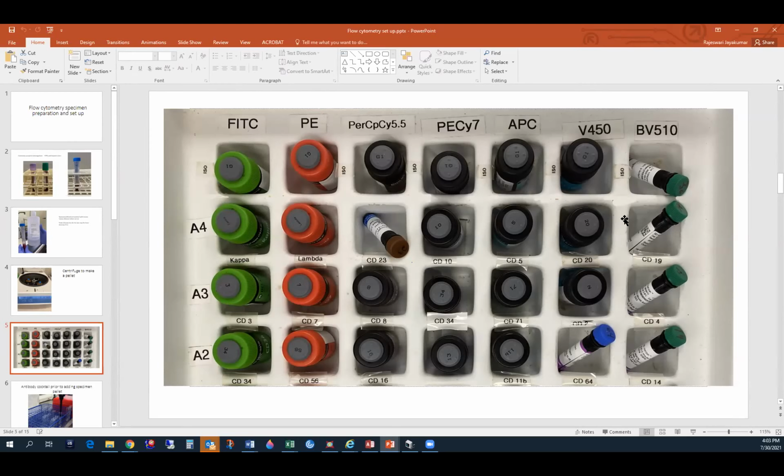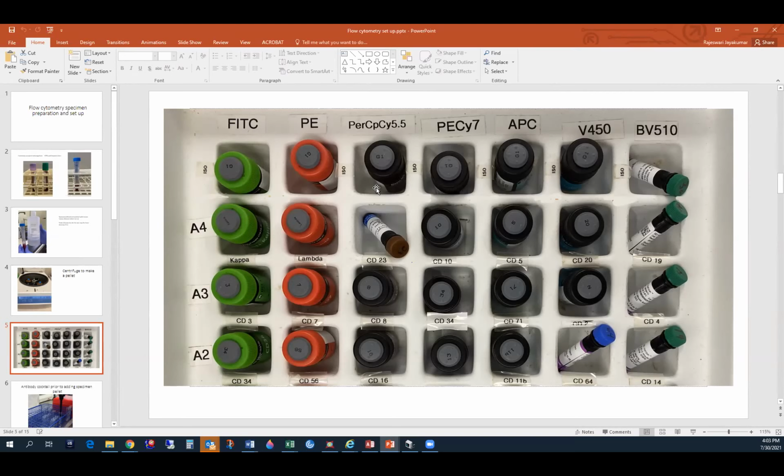Ours is an 8-color laboratory, so we use 8 antibodies or fluorochromes at a time. Antibodies are what we use for analysis, like CD45, CD38, or CD34, all those clusters of differentiation that are targeted against antigens expressed on the surface or in the cytoplasm.